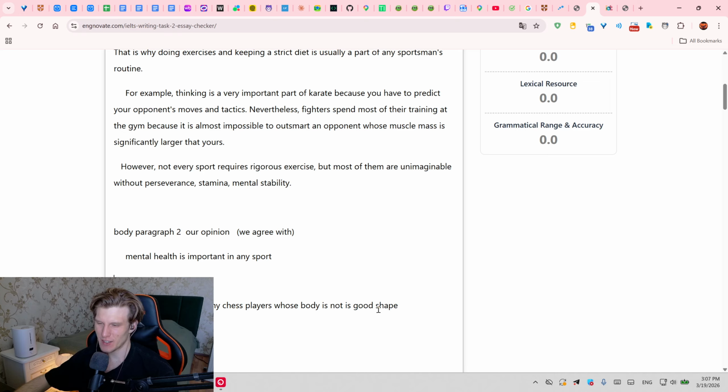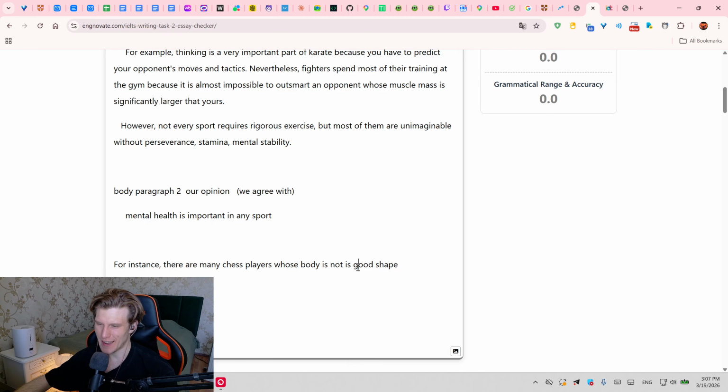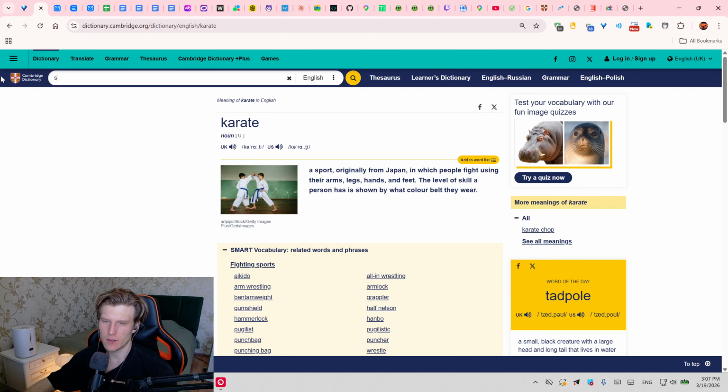I know that it goes in shape. Here shape is used as an uncountable word, but with good maybe we need an article, in a good shape. I'm not sure about that.